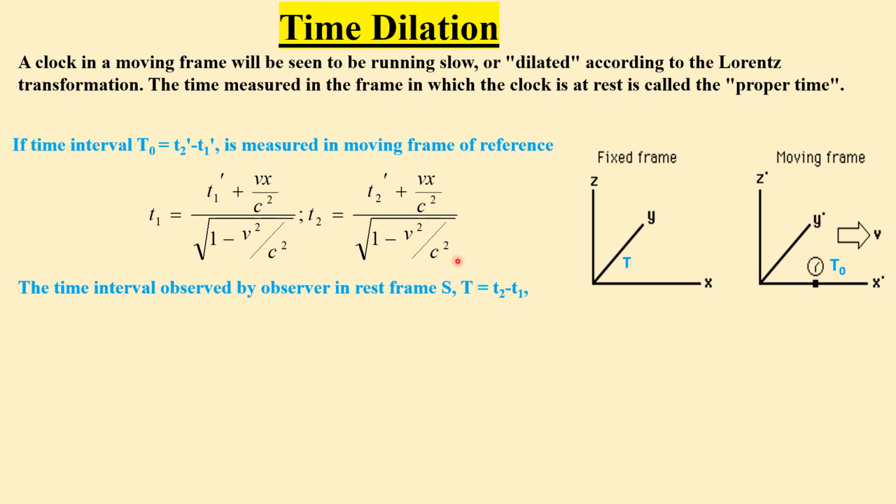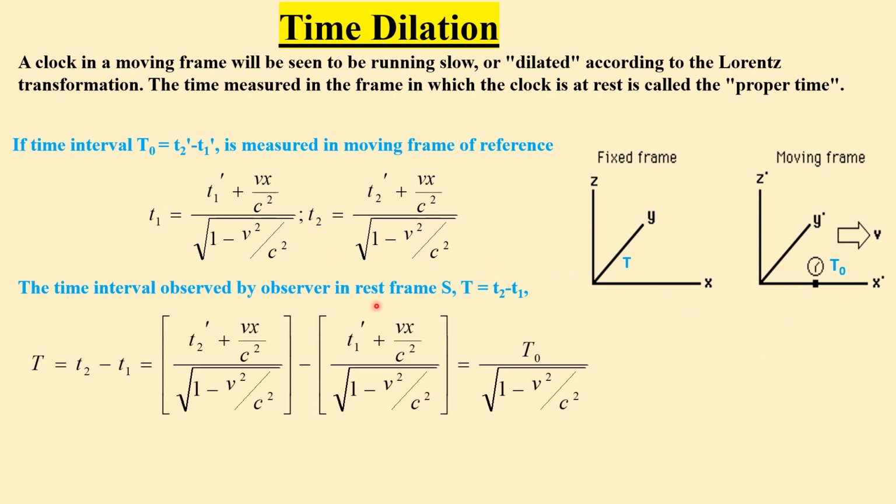If we take the difference, t naught equals t2 prime minus t1 prime, this is t naught in this frame. In the fixed frame, t equals t2 minus t1. If we put in the values of t2 and t1 and take under root 1 minus v square by c square as common, we have t2 prime minus t1 prime, and vx by c square minus vx by c square cancels out.